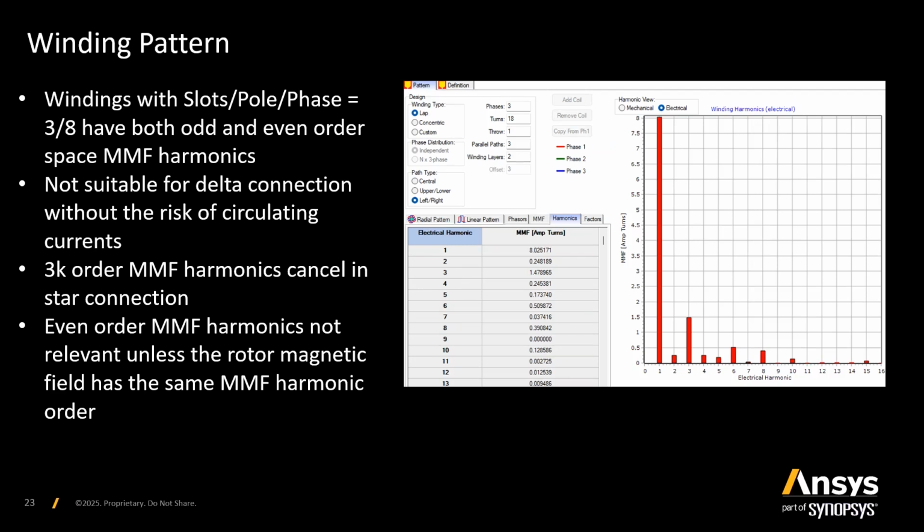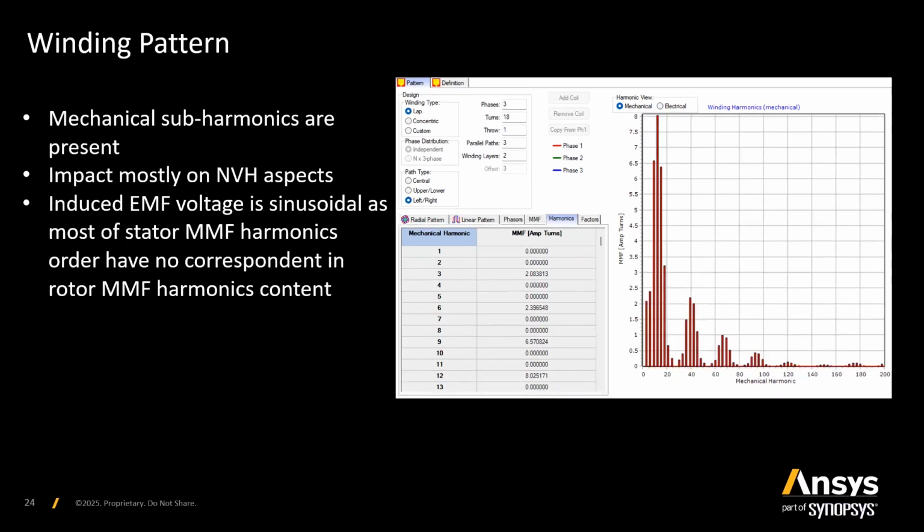harmonics will be cancelled. So if we look at the same machine, but from the mechanical harmonics point of view, here we notice the fundamental mechanical harmonic will correspond to harmonic number 12, which is equivalent to having 24 poles. So we notice that there are mechanical harmonics lower than the fundamental.